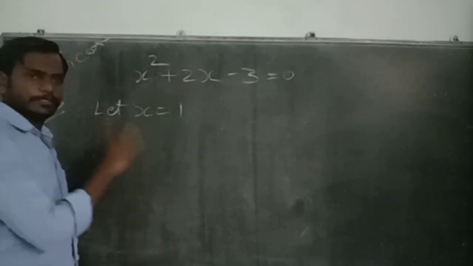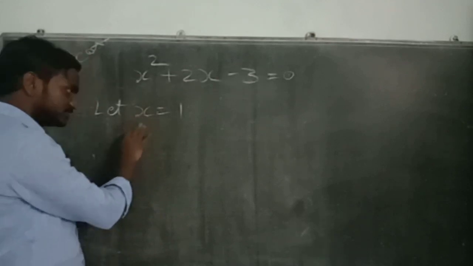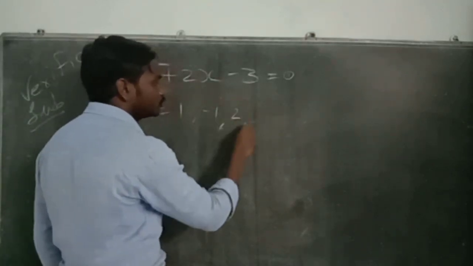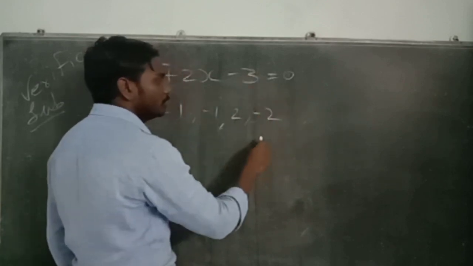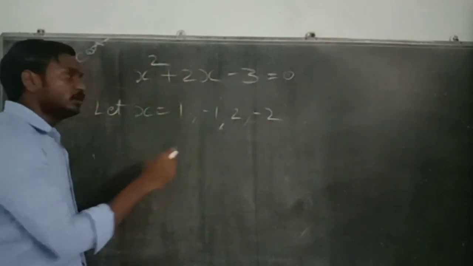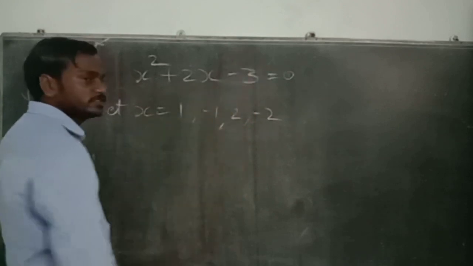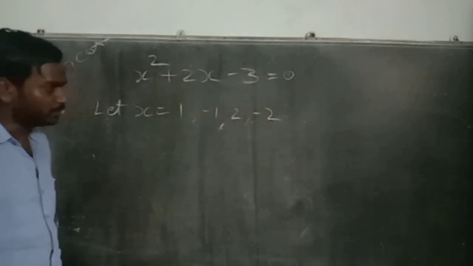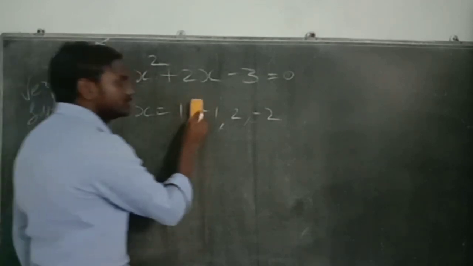You have to substitute different types of values like x is equal to 1, or x is equal to minus 1, or x is equal to 2, or x is equal to minus 2 and so on. At some condition this equation might be satisfied, or there might be some denominator values, whatever it might be. Initially I am going with x is equal to 1.